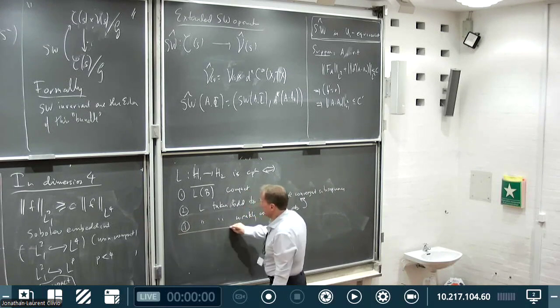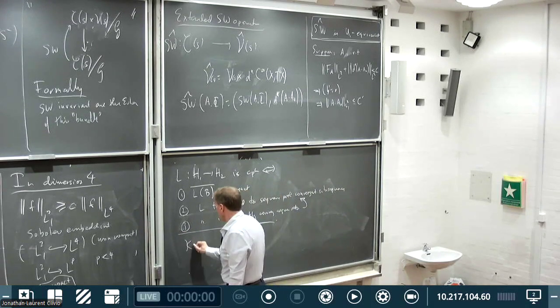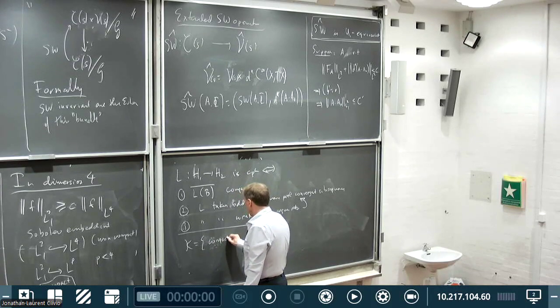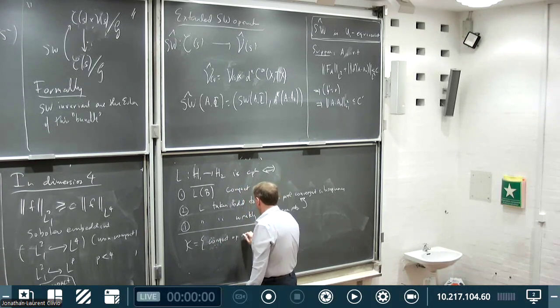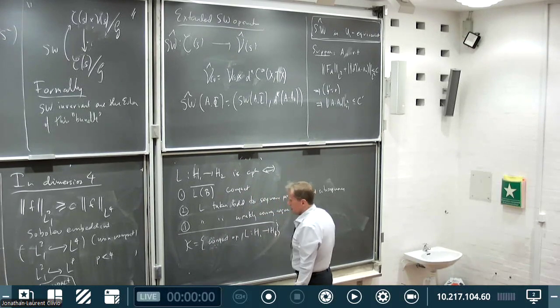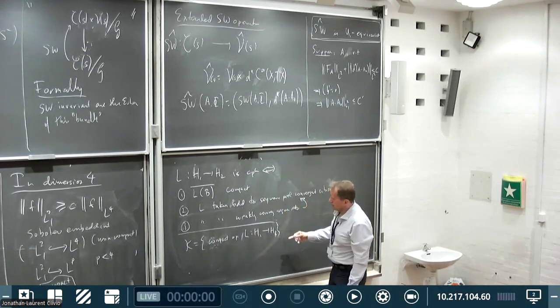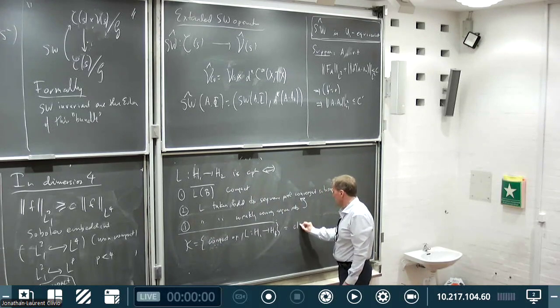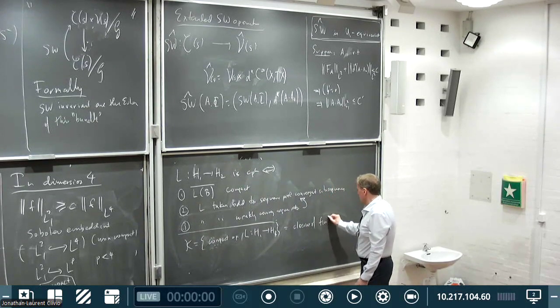And it's important to note that if K is the set of compact operators, then this is the closure of finite rank operators.